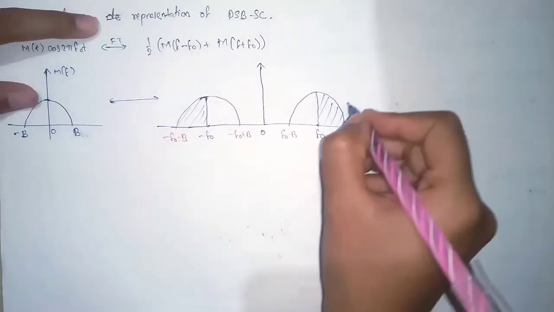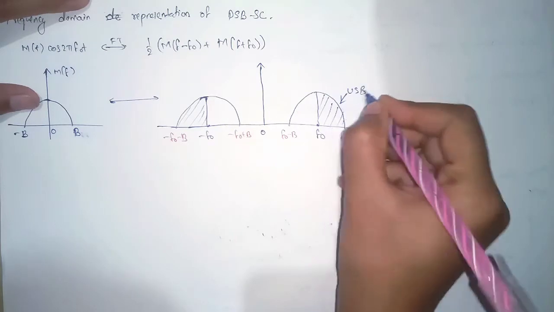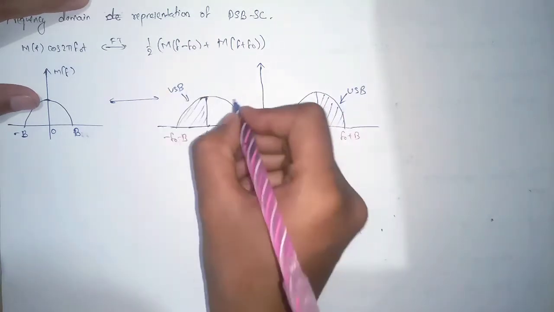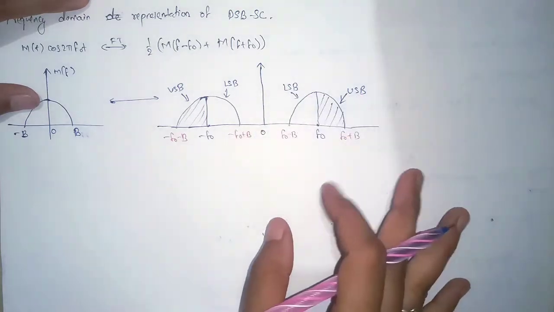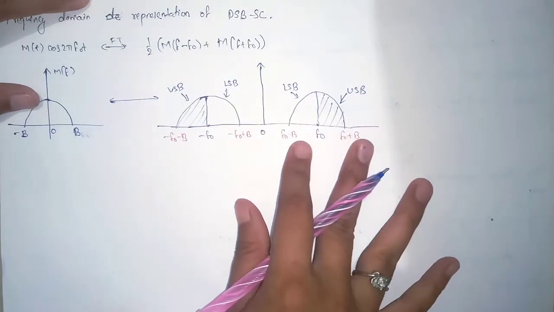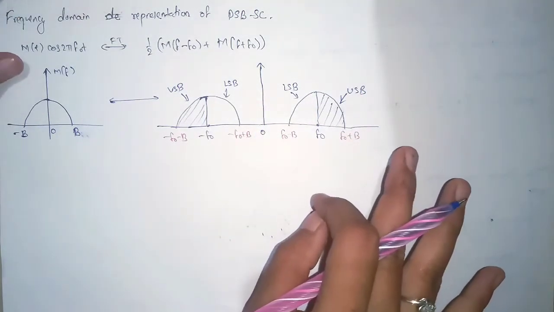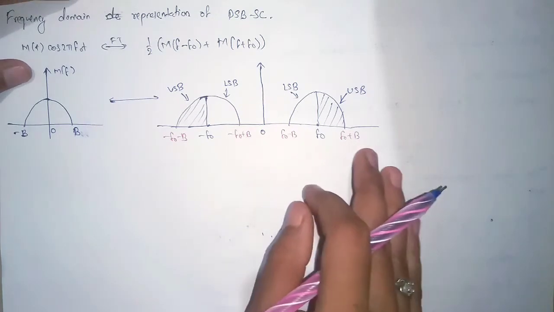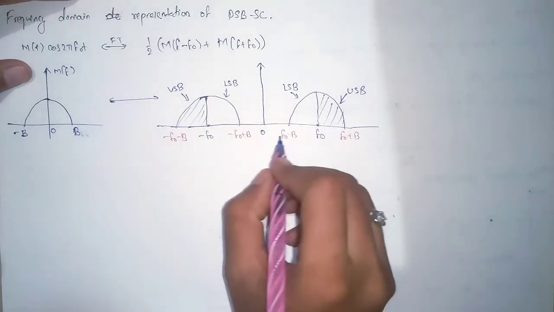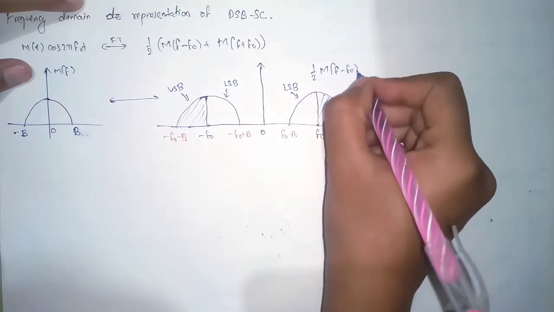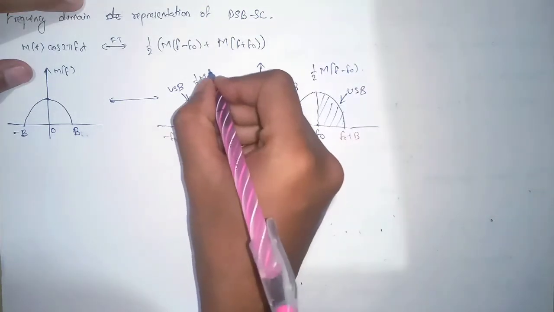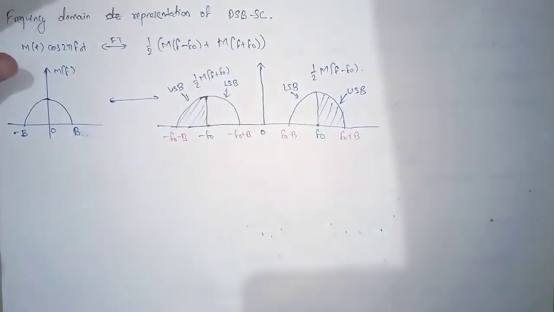So this is the upper sideband, and this is also the upper sideband, and the inner ones are lower sidebands. So you can clearly see that there are two sidebands and no carrier. That's why this system is called double sideband suppressed carrier. So this is 1 by 2 M of f minus f naught, and this is 1 by 2 M of f plus f naught.